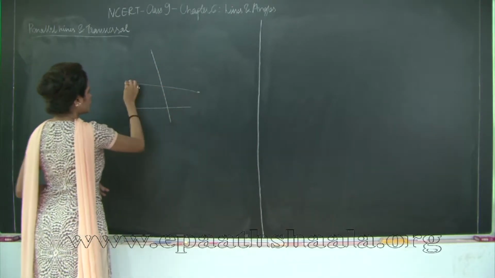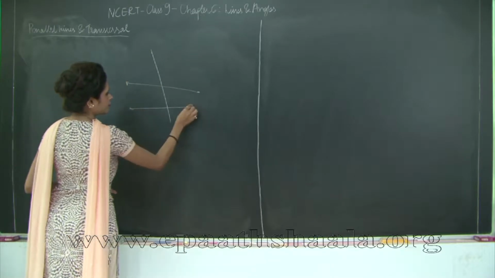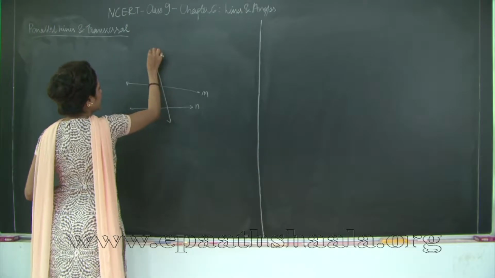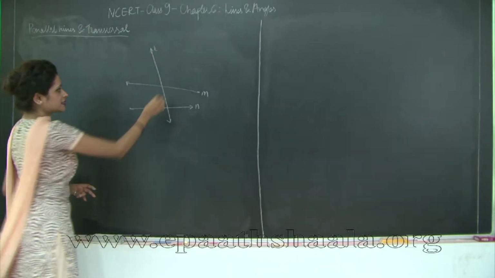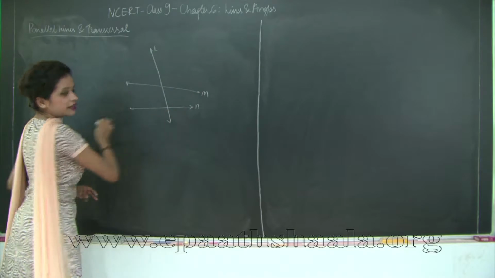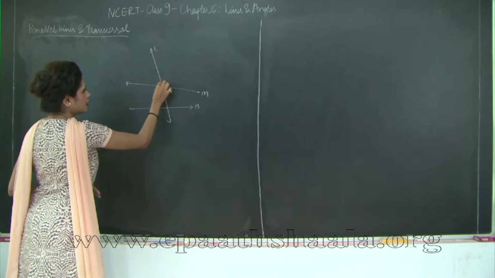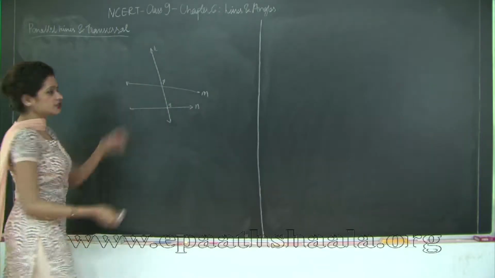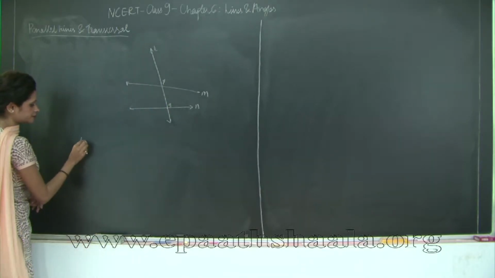Let's say I call these lines M and N. And I have a line L, it is intersecting lines M and N in two distinct points, let's say P and Q. Therefore, L is known as my transversal.